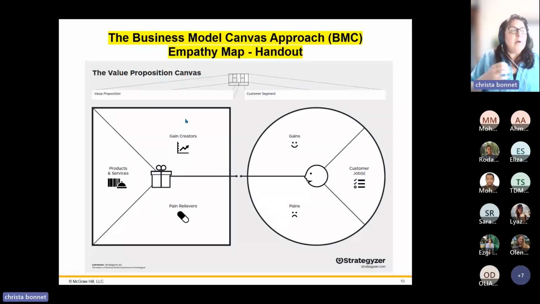What we discovered with our entrepreneurs, and I was also guilty of this initially, is we go in from the left to the right. We go in and offer. You see that little gift there? We say, this is our gift to you. This is why you need to use Siemens, or this is why you need to use Olena as a consultant.